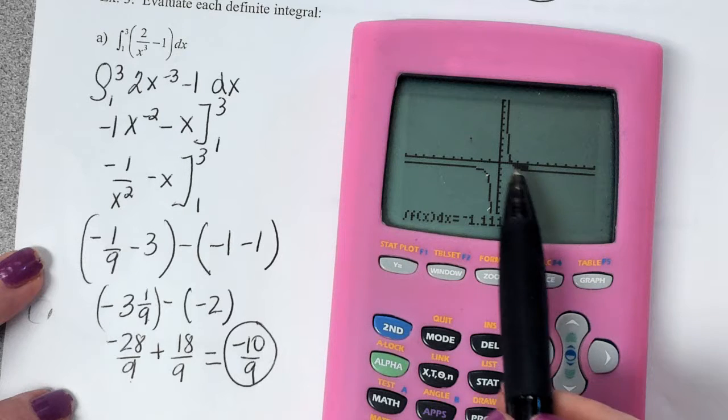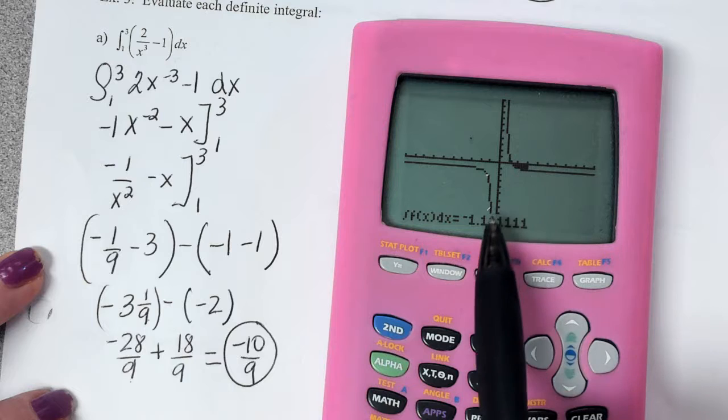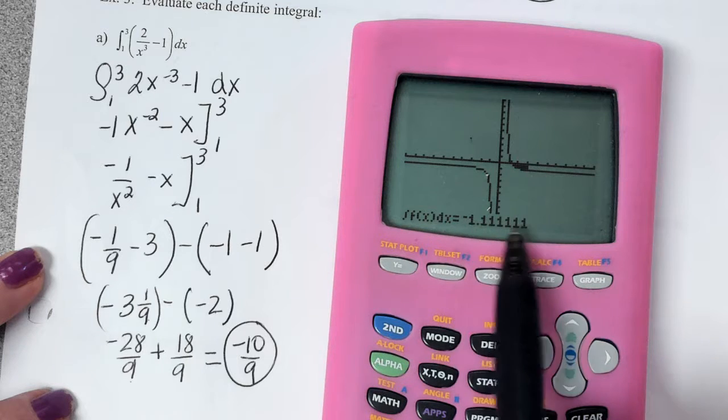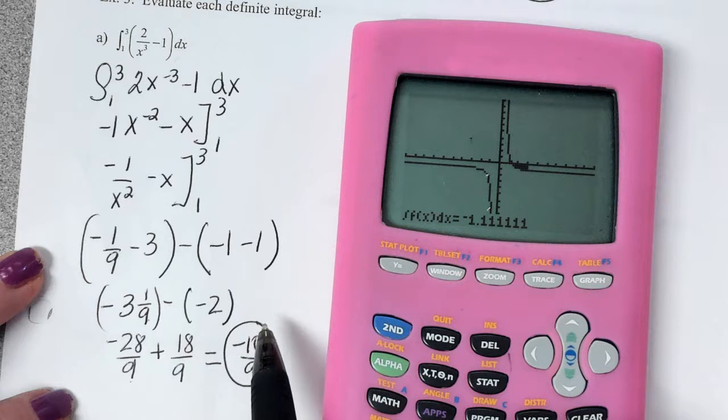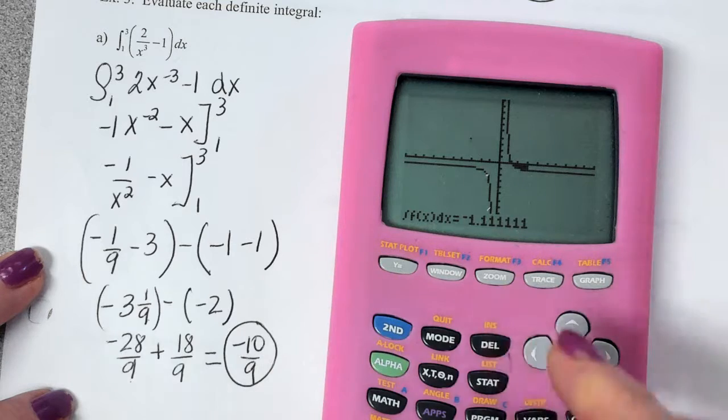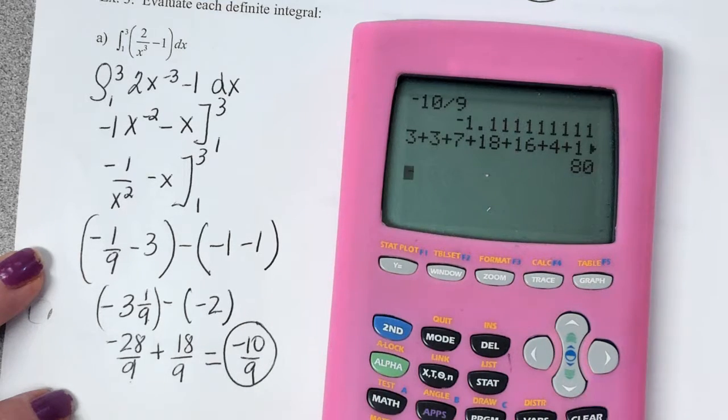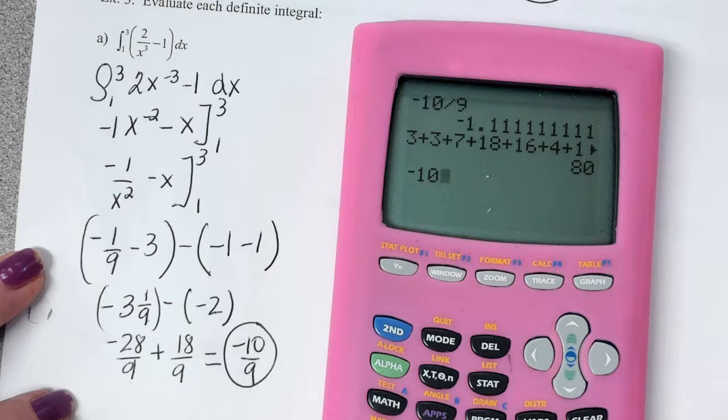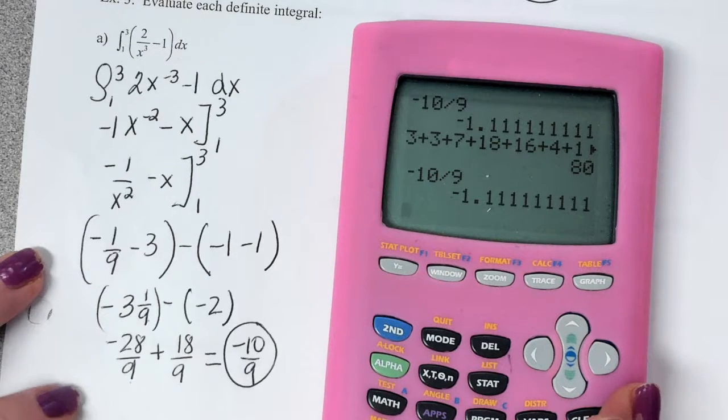And in this case, it is always underneath the x-axis, but it wouldn't have to have been. Is that equivalent, negative 1.1 repeated and negative 10/9? If you're not sure about that, figure it out. Negative 10 divided by 9. See if that's equivalent, and it is. Okay?